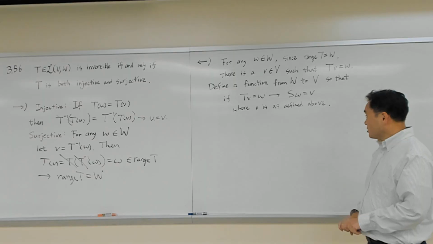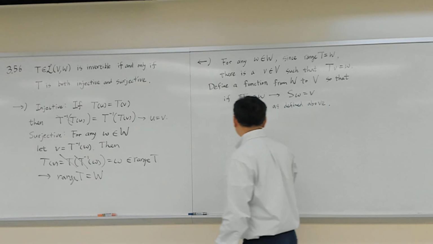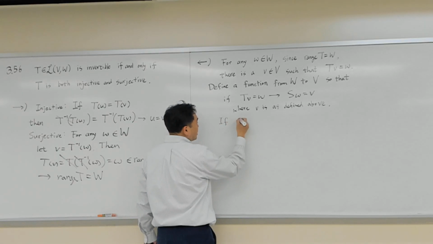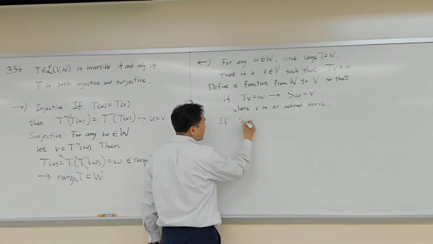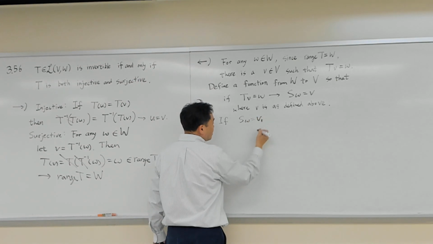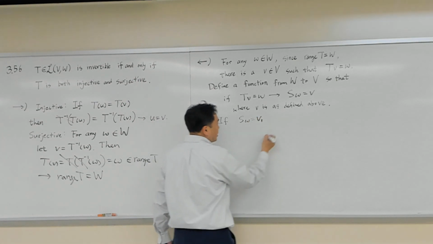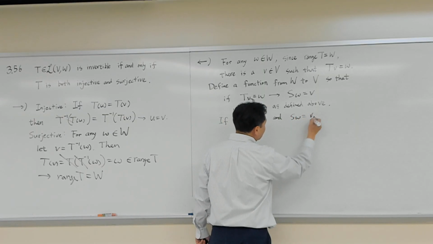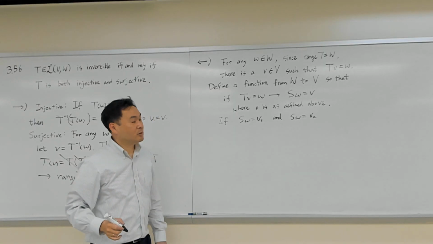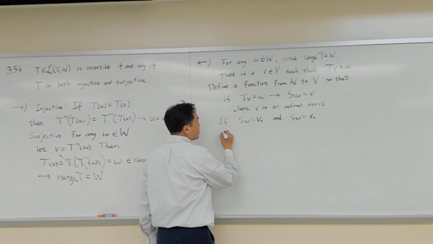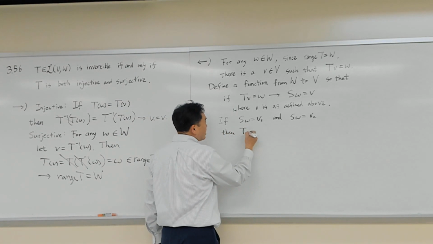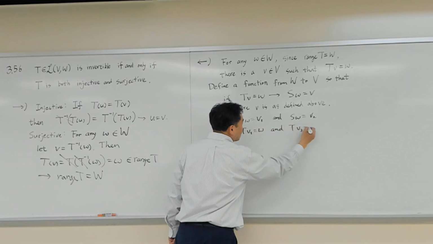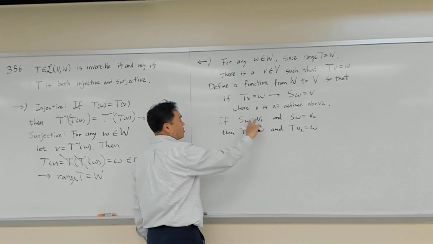So if S of w is v1 and S of w equals v2, then T of v1 is w and T of v2 is w as well, because you switch these around.